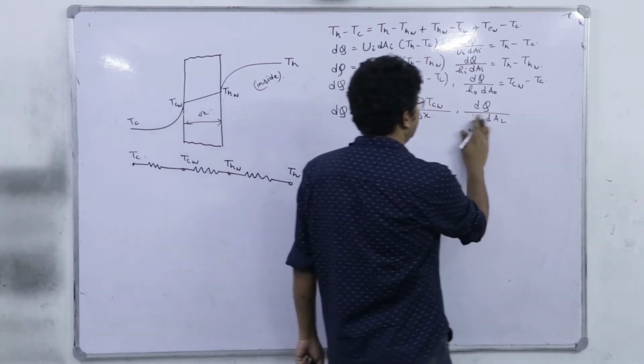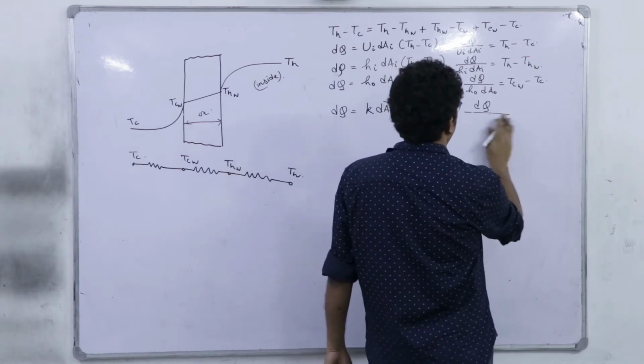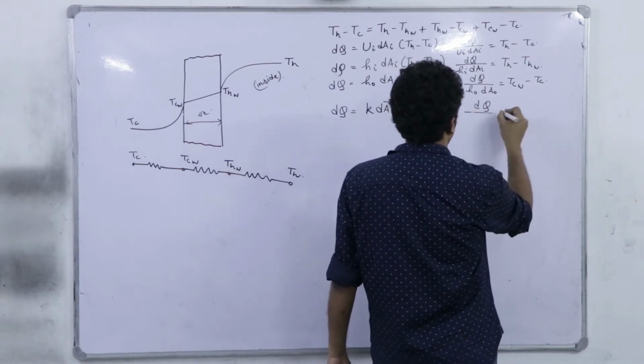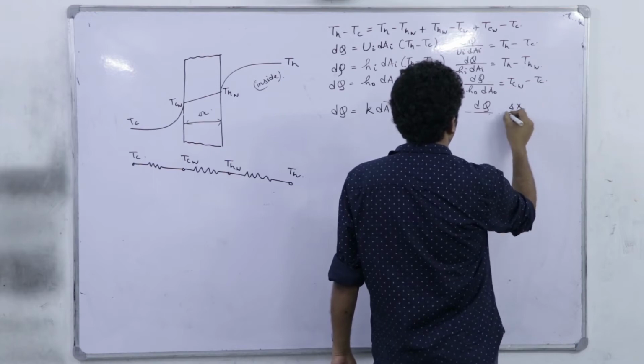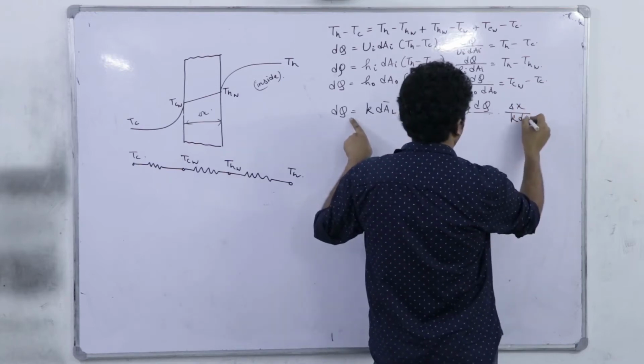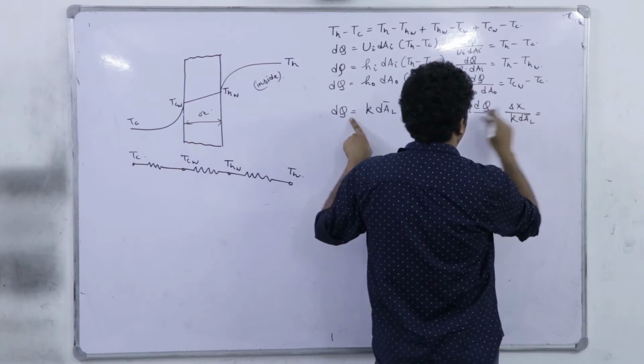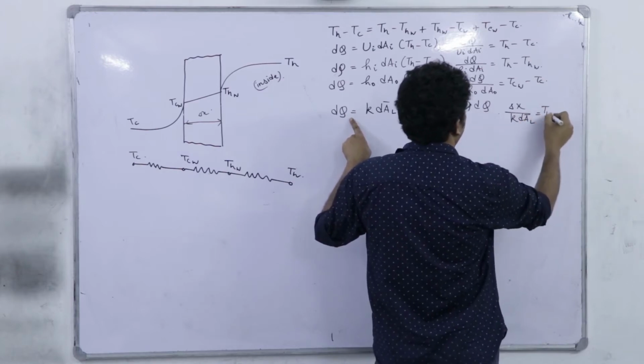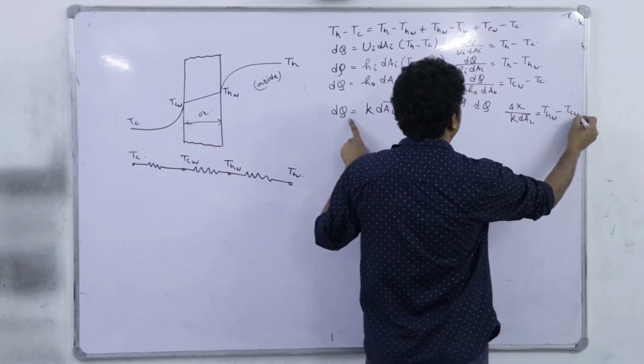Or rather we can write that dQ into delta x divided by K into dAL bar is equal to THW minus TCW.